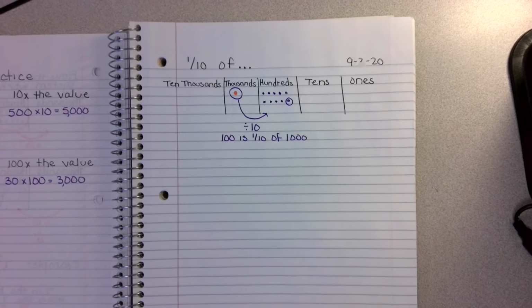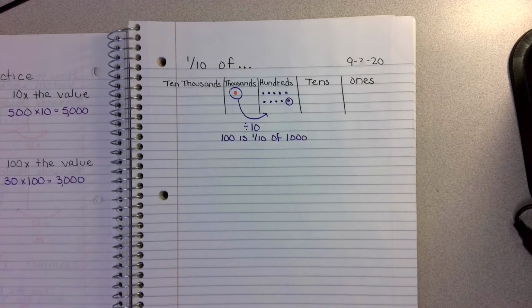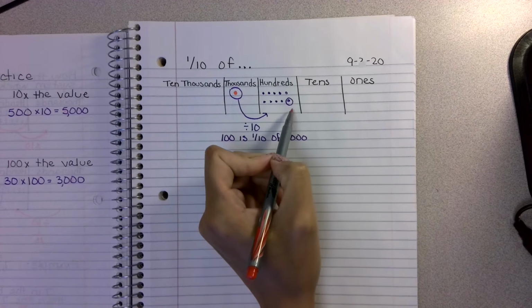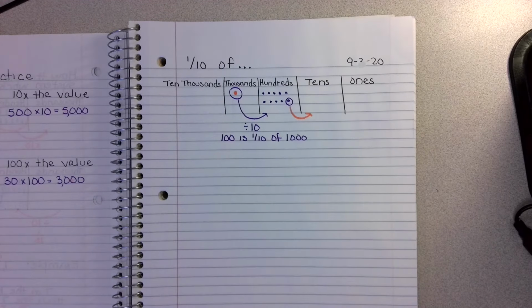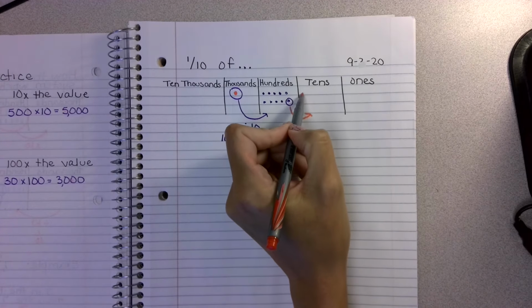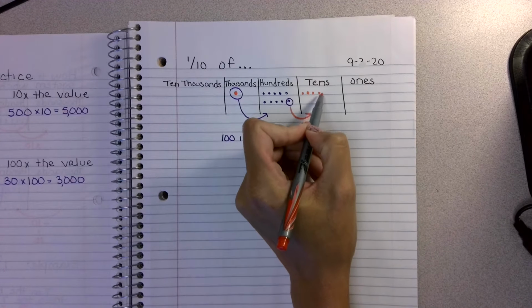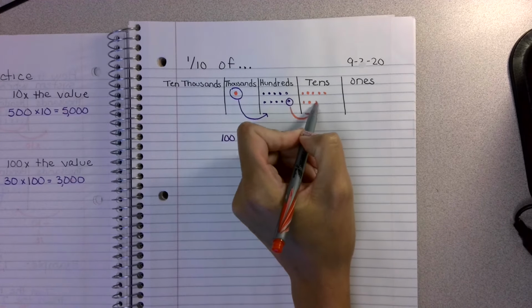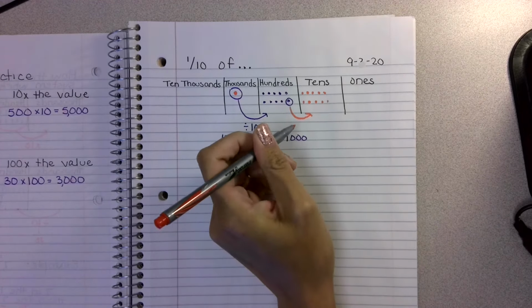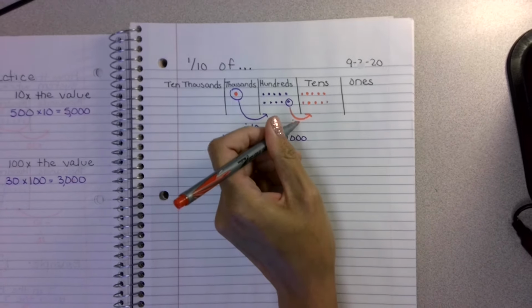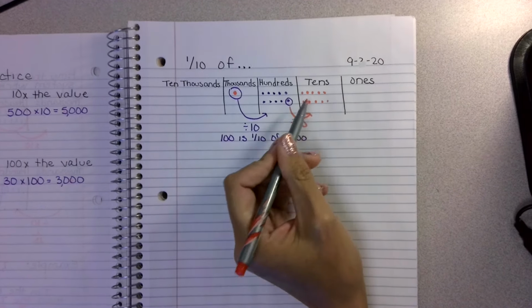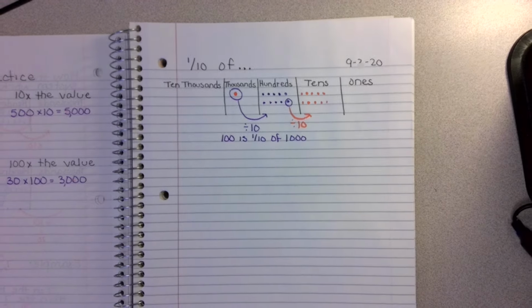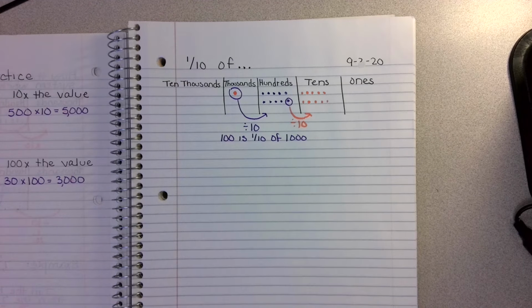Okay, now I have a $100 bill and I want to exchange it into tens. How many tens make up a $100 bill? 10. 1, 2, 3, 4, 5, 6, 7, 8, 9, 10. So I just divided my $100 bill by 10. Or you could say my tens are 1/10 of 100.